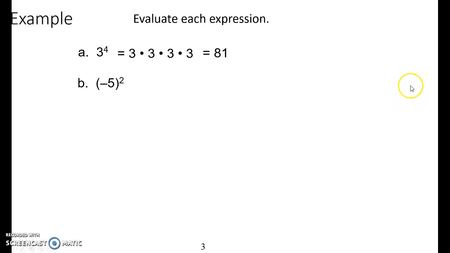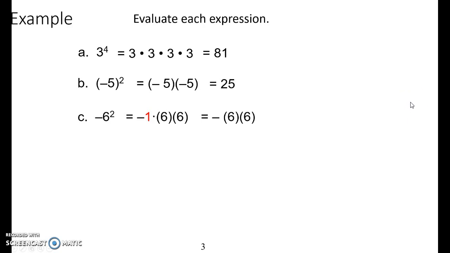What's your answer here? What's your answer here? What's your answer here?